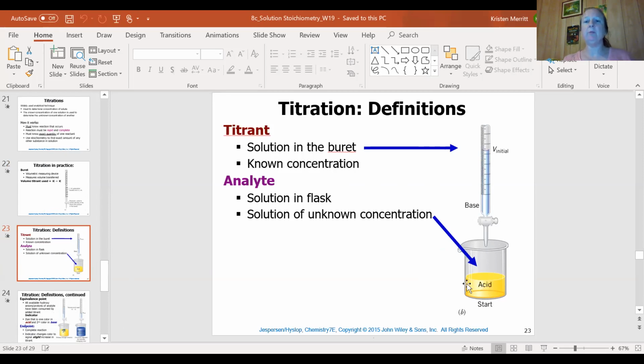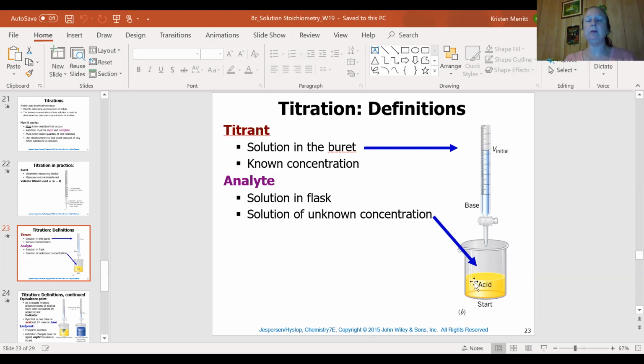You have to know the acid because you have to know this reaction, the mole-to-mole relationship between this base, in this case we're going to use a base, and this acid. With that, you're going to hit an equivalence point, which I'll explain. You're going to have recorded the volume that you used.